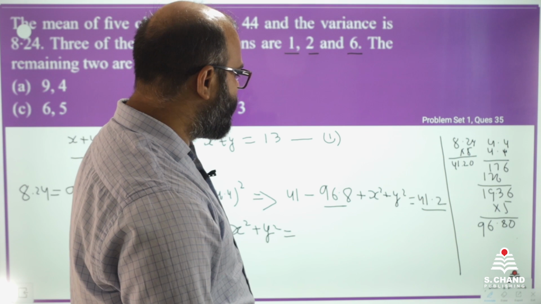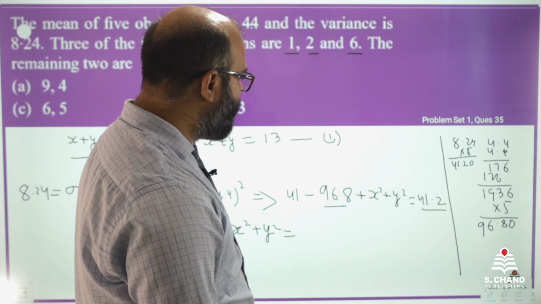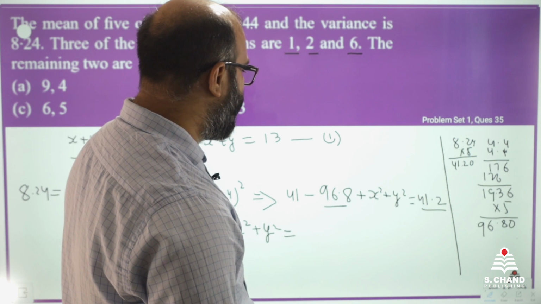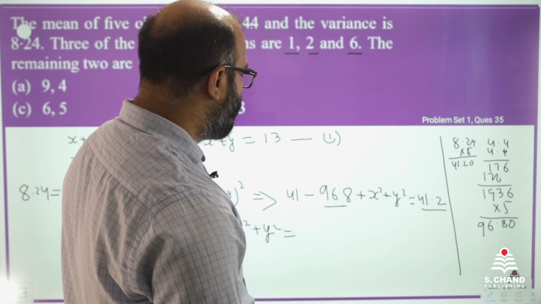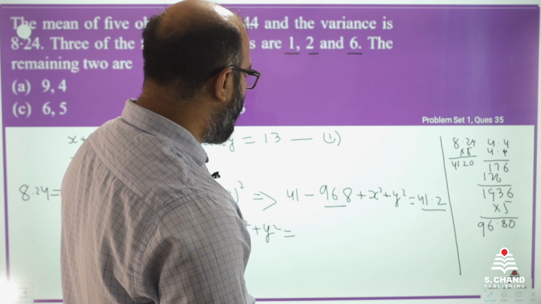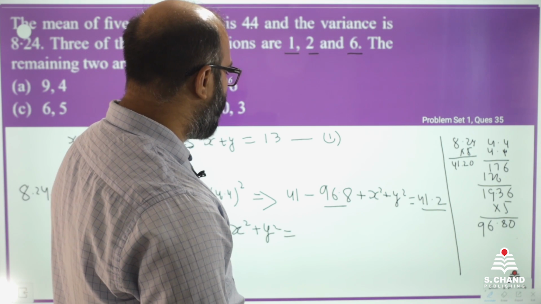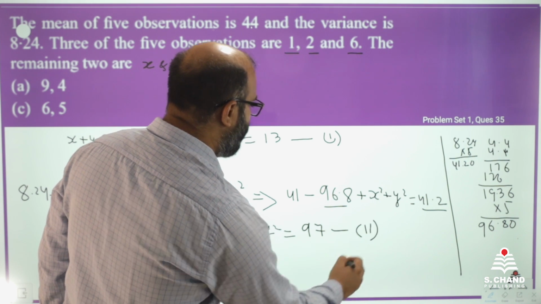So you will get 138, and then 41 you will subtract. 138 minus 41 will be 97. So this is the second equation.